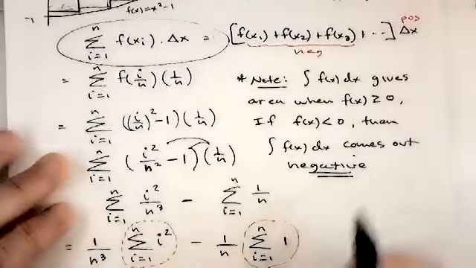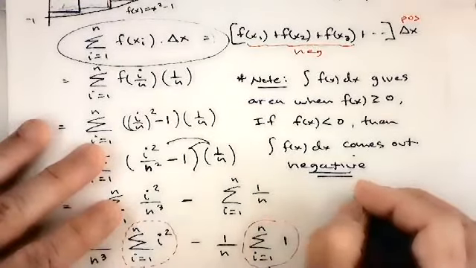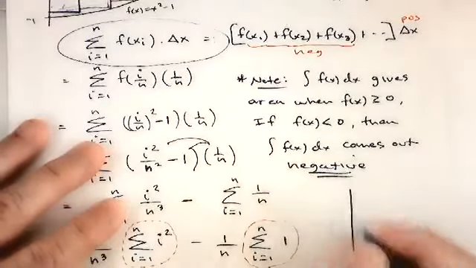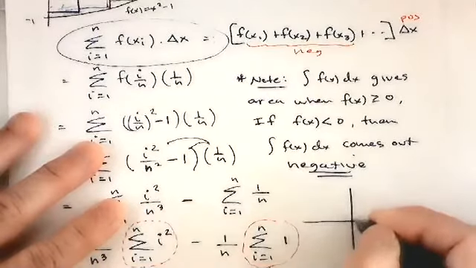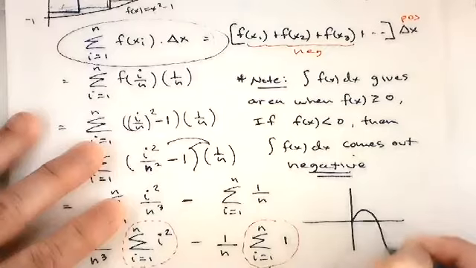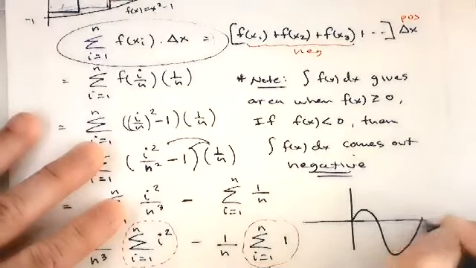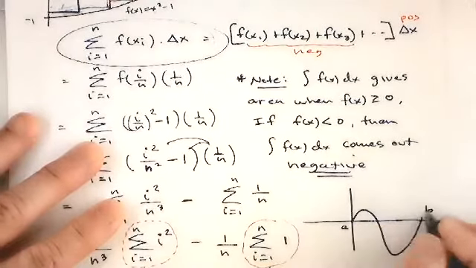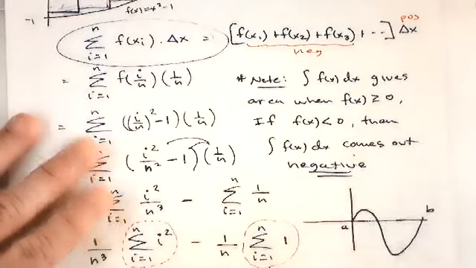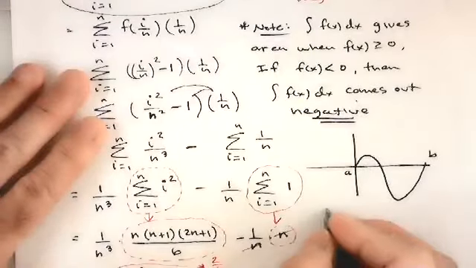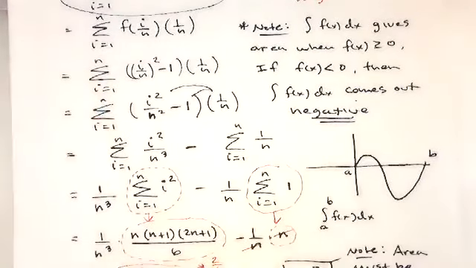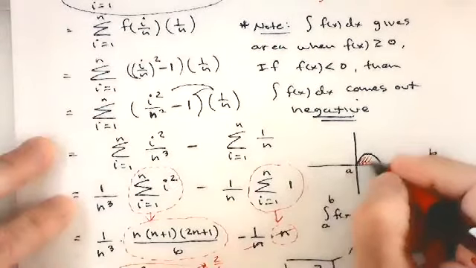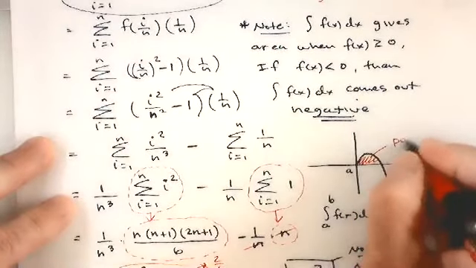The trouble arises when you start looking at graphs where part of the graph goes above the x-axis and part of it goes below. Like if I had a function where it went something like this, let's say this was A and this was B. If I tried to do the integral from A to B of f of x dx, this part of the integral would come out to be positive.